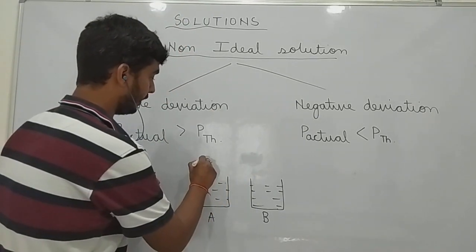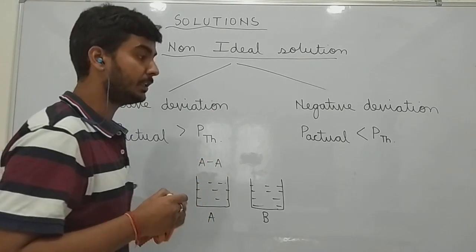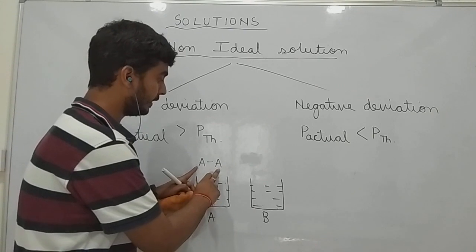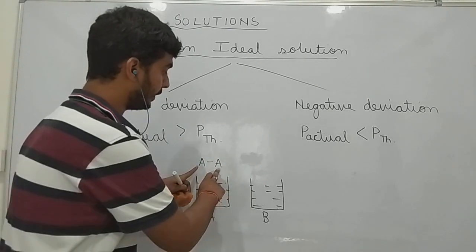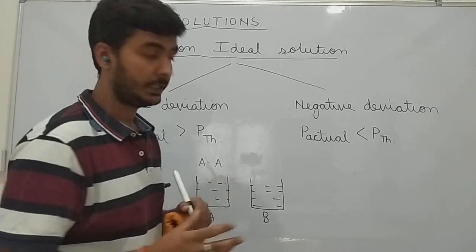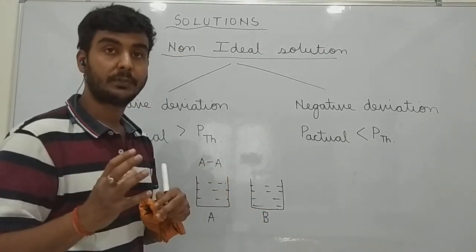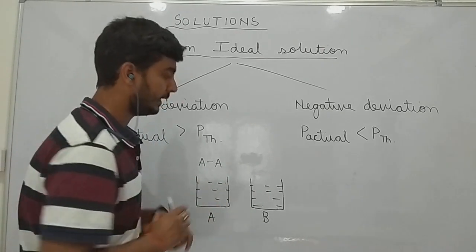So I can write that the force of attraction between the molecules of liquid A can be represented as AA. AA represents the force of attraction between the molecules of volatile liquid A.